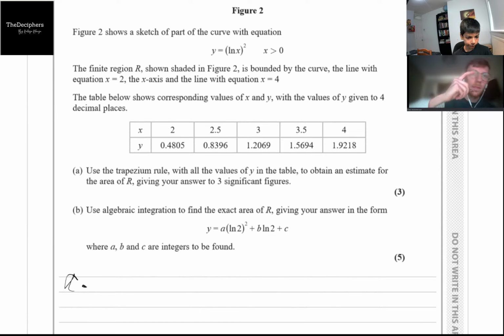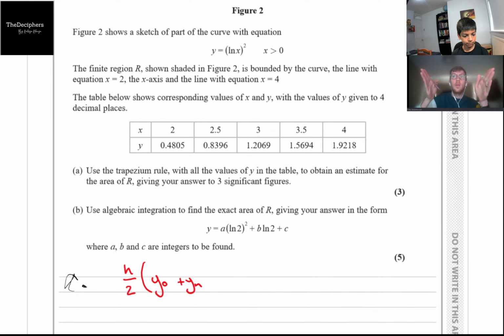So the area basically is the area of the trapezium, but adding lots of trapeziums together. So you have h over 2, just like a trapezium, the height over 2, and you have the two end values together, so let's call that y0 and yn. But because we've got these end strips that are trapeziums, the end values will only be used once because they're in only one trapezium, but the other lines will be used twice.